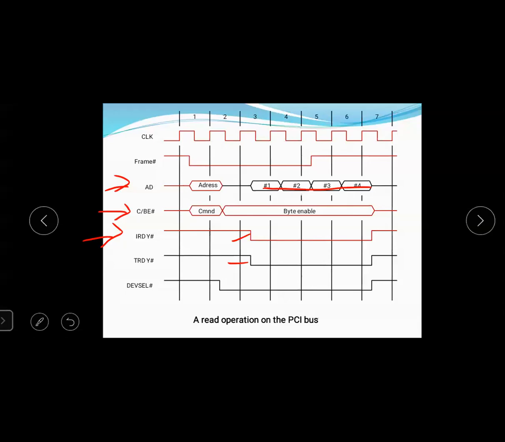For these 4 bytes, the byte enable signal will be on. After that, it goes to the low state. Then the initiator ready signal also goes low.